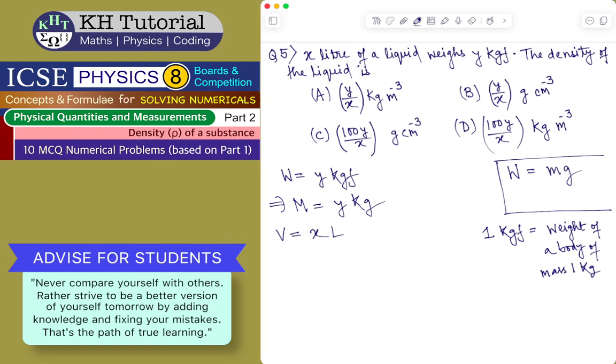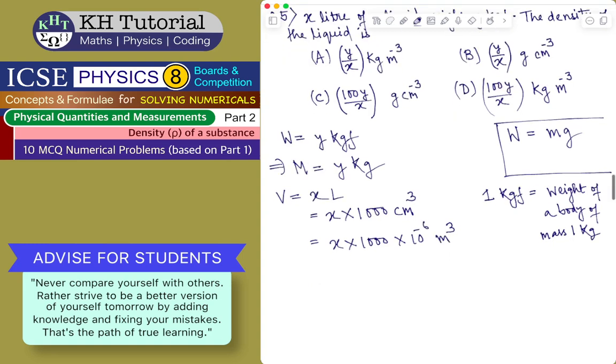Now I have to convert liter to meter cube. Okay, so I know that 1 liter is 1000 centimeter cube. So this is equal to x multiplied by 1000 centimeter cube. And again, I know that 1 centimeter cube is equal to 10 to the power minus 6 meter cube.